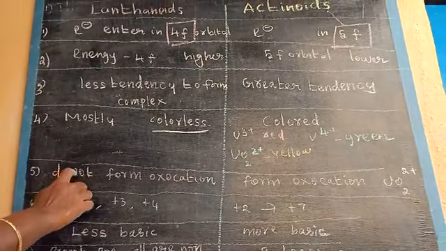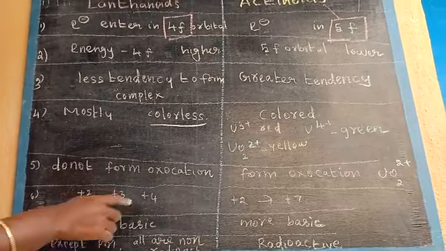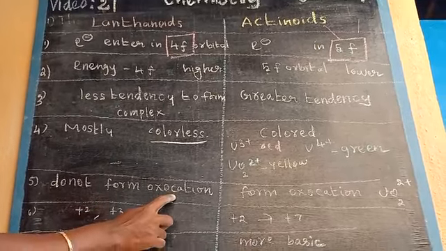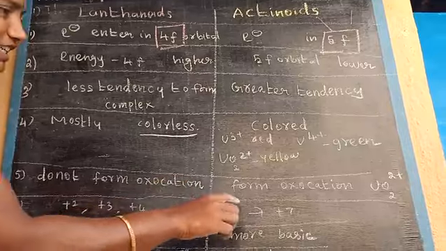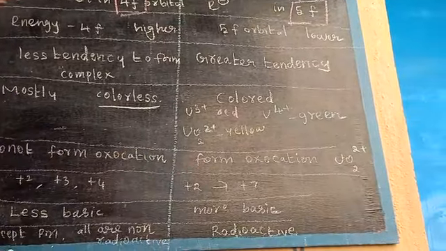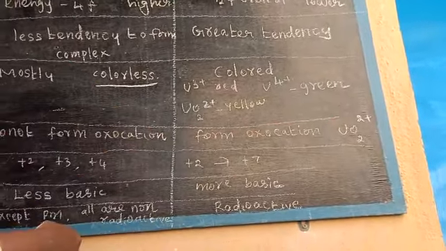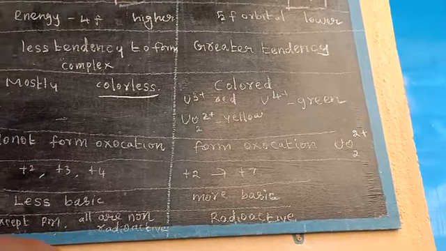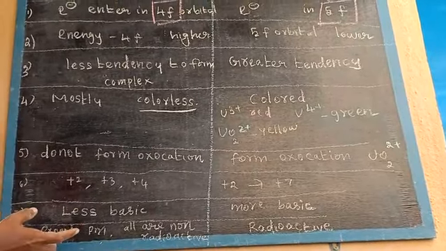Next, lanthanides do not form oxocations. But actinoids form oxocations, such as UO2 2+, NpO2 2+, etc. Next one, talk about the oxidation state.